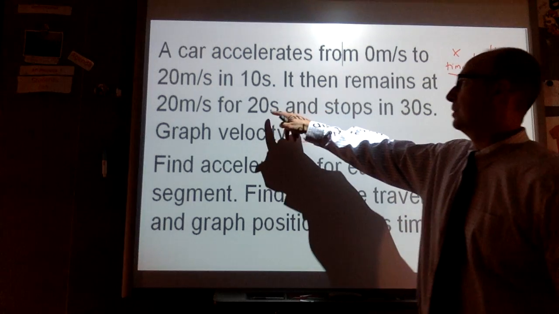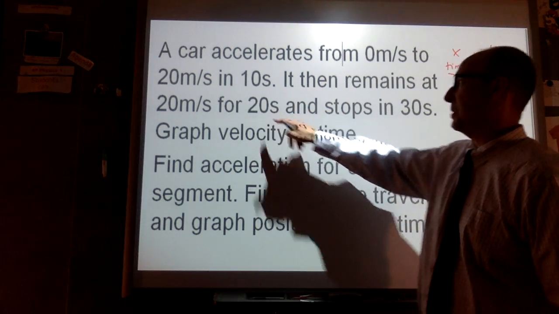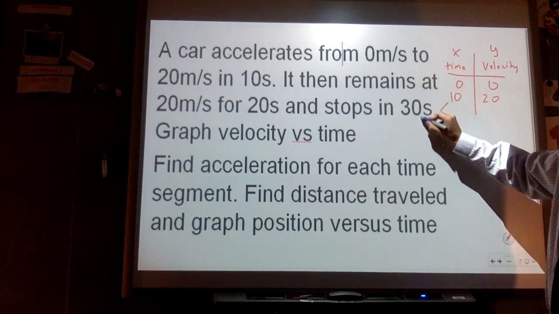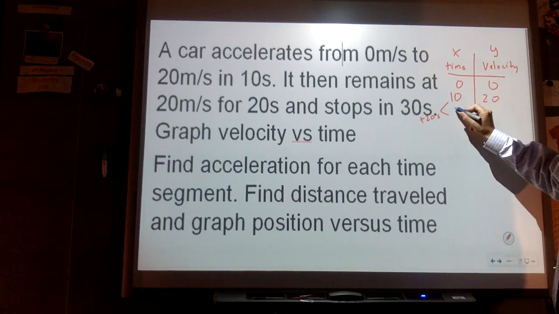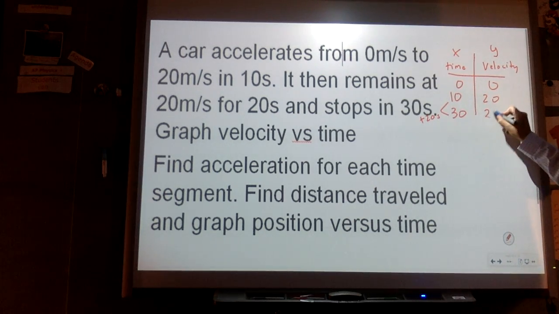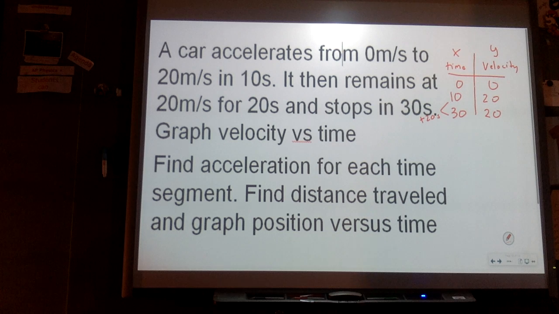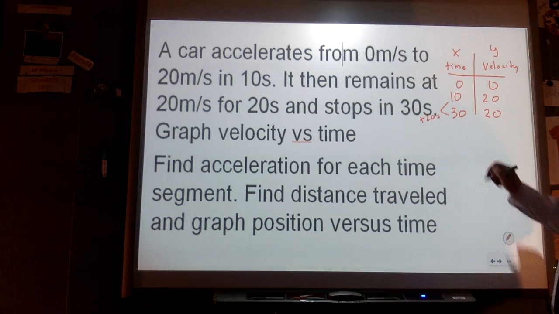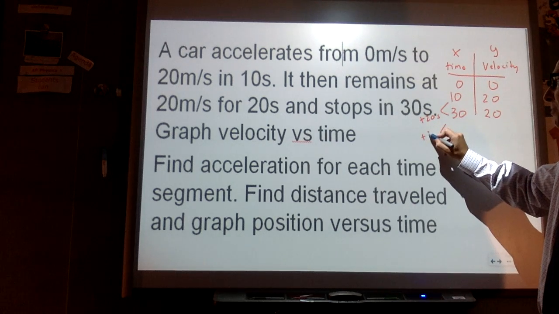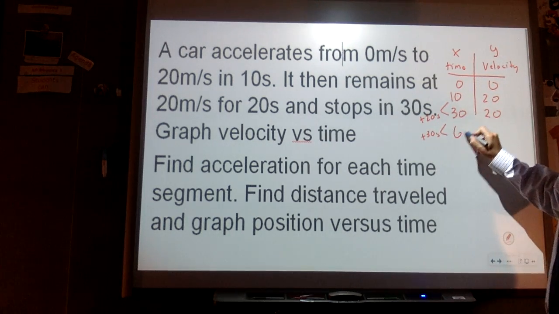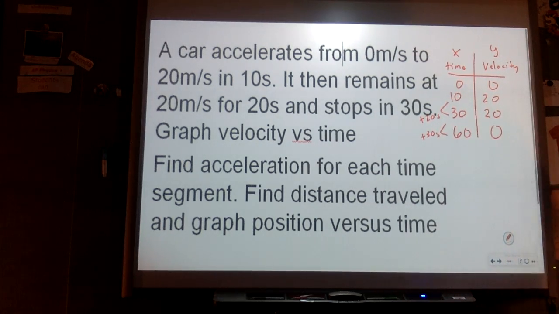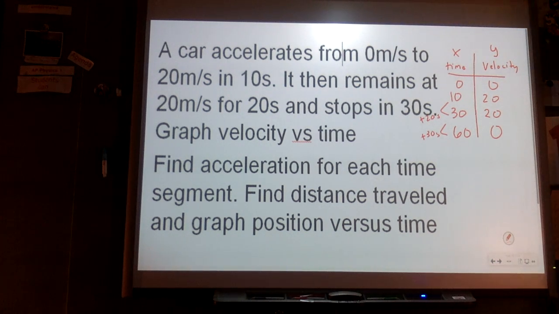Then I'm going to stay at 20 meters per second for 20 seconds. So I'm going to add 20 seconds to 10, which is going to take me to 30. And this is going to still be at 20. And then I'm going to stop in 30 seconds. So I'm going to add an extra 30 seconds, which will take me to 60. And that'll be 0, because stopping is represented by 0.